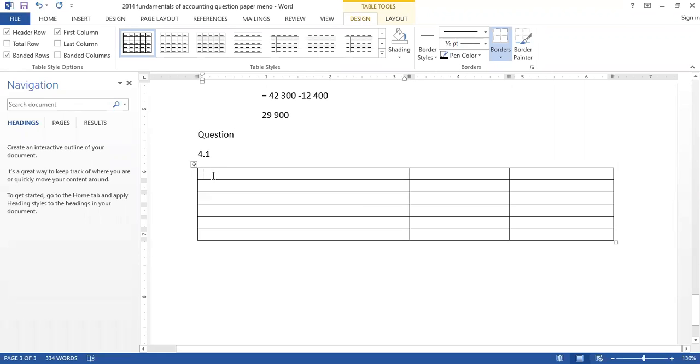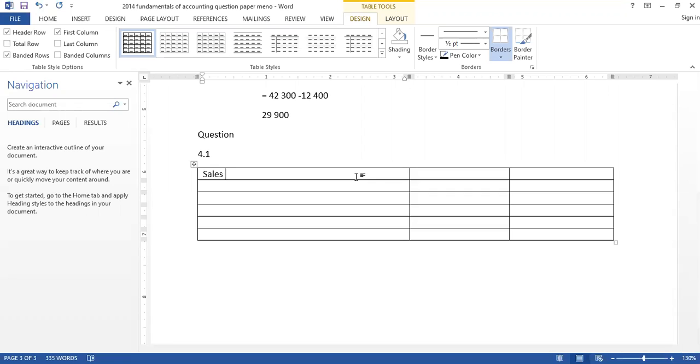Okay, so we said that the trading account is the first part of your income statement, meaning it's sales less cost of sales equals gross profit. So looking at this, what was our sales amount? We are given bar purchases and sales.